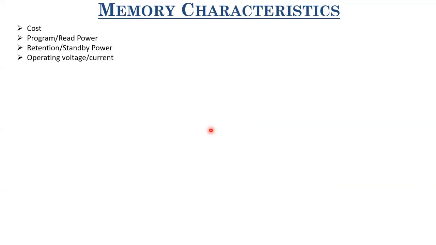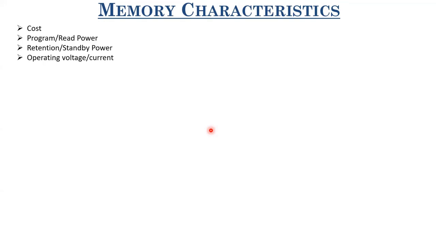Then there's the operating voltage or current. How is it different from these power numbers? Operating voltage determines the supply voltage that you need to give to that chip. For instance, your flash memories or even 3D NAND flash memories require voltages in excess of 16 volts on chip.